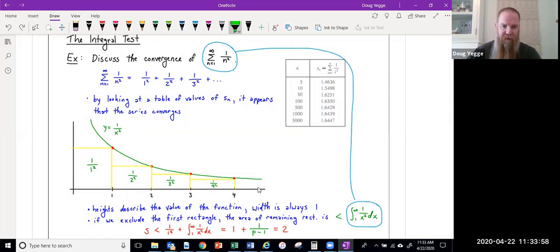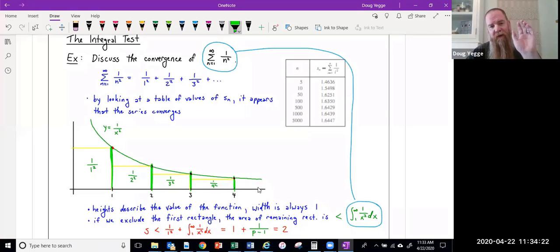Because isn't the sequence just going to essentially be this height plus this height plus this height plus this height?